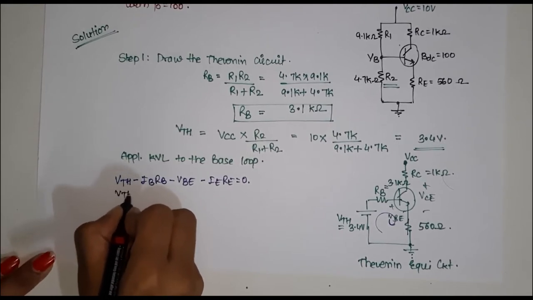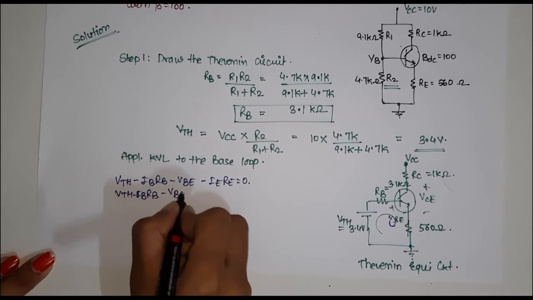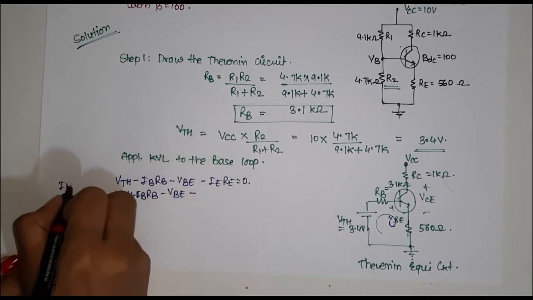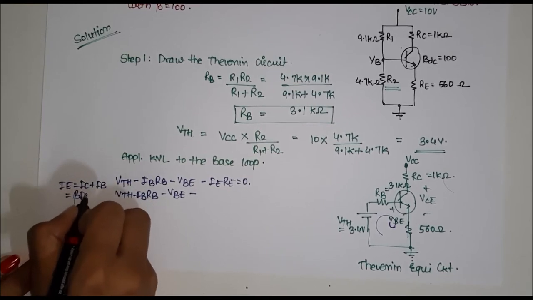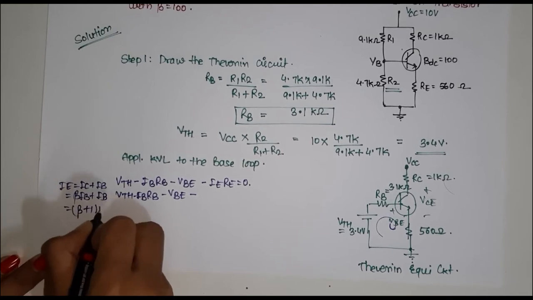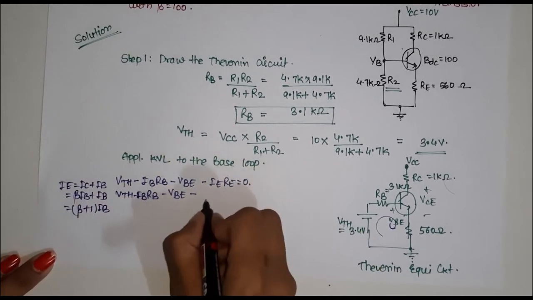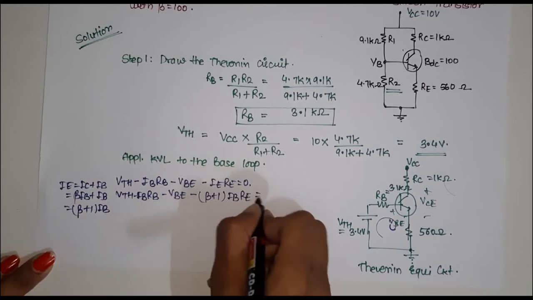So VTH minus IBRB minus VBE minus IE, where IE is equals to IC plus IB, right? IC is beta times IB plus IB. So IE can be written as beta plus 1 times IB. So IE को मैं directly लिख दूंगी beta plus 1 times IB into RE is equals to 0.